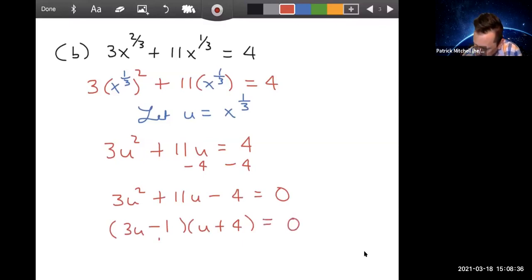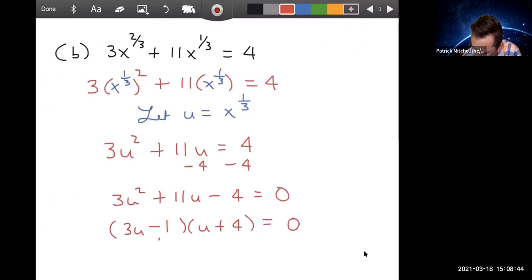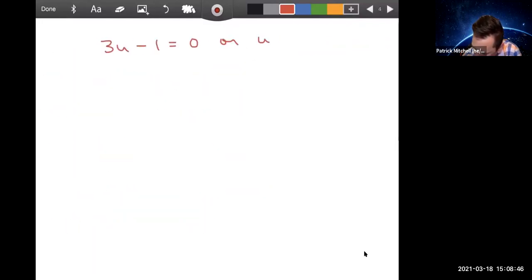Okay, so that gives us that either 3u minus 1 is 0 or u plus 4 is 0. If 3u minus 1 is 0, that means u is 1/3. And if u plus 4 is 0, that means u is negative 4.